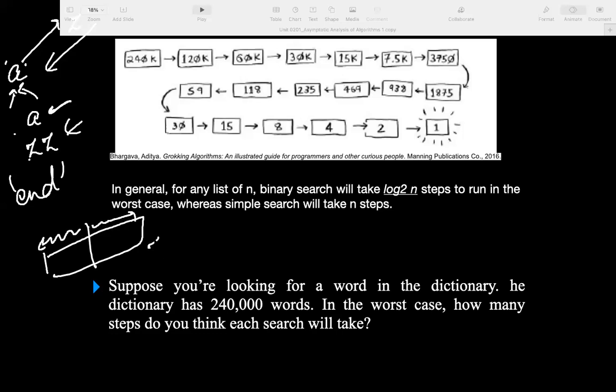So Z as well as A, both of them are the ends of our search space. Therefore, irrespective of whether we are searching for A or Z, it is going to take the same amount of time, because we do not start right at the start, but at the middle. And therefore these distances are the same, so the number of steps is also going to be the same. Does that answer your question?